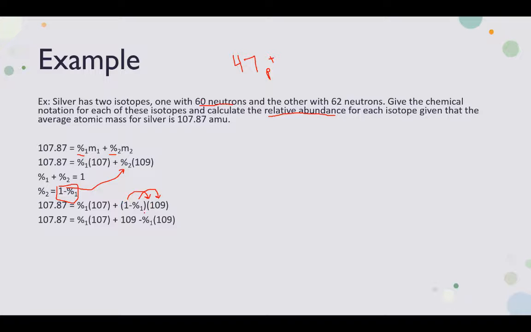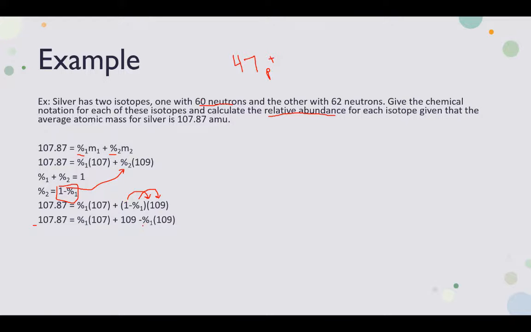So 1 times 109 gives me 109, and then negative percentage 1 times 109 gives me minus percentage 1 times 109. And now I'm going to combine like terms. And so what I'm going to do is subtract my 107.87 from both sides. So I'll find the difference between 107.87 and 109.